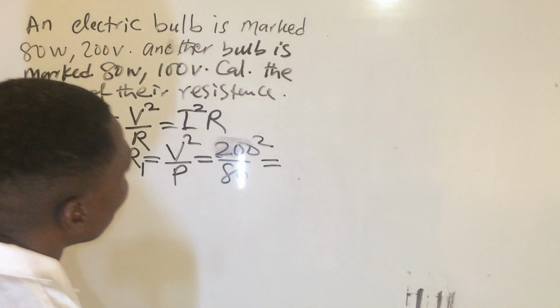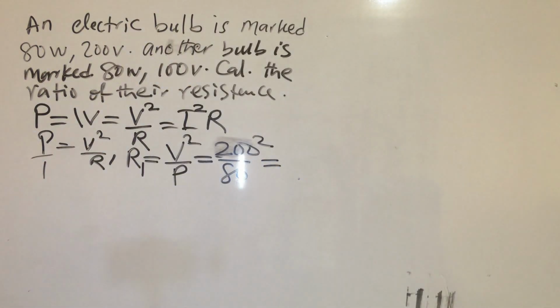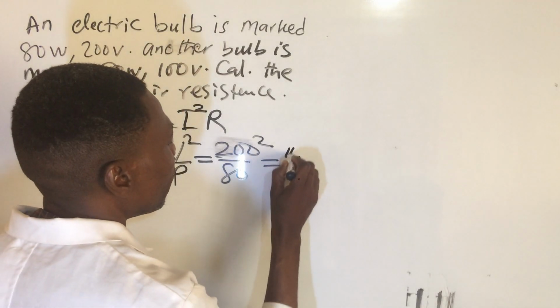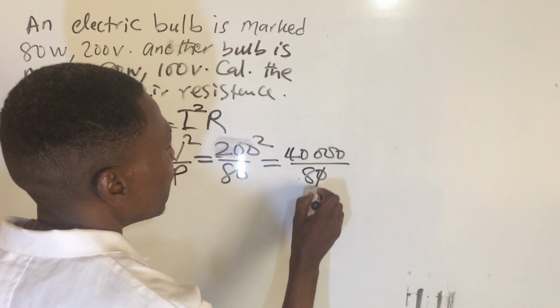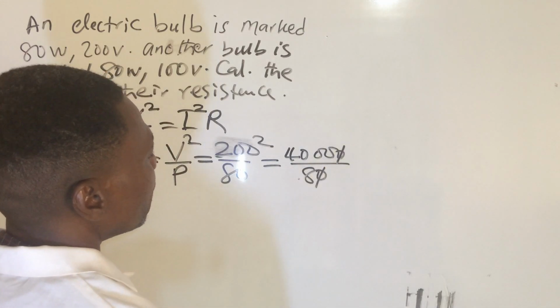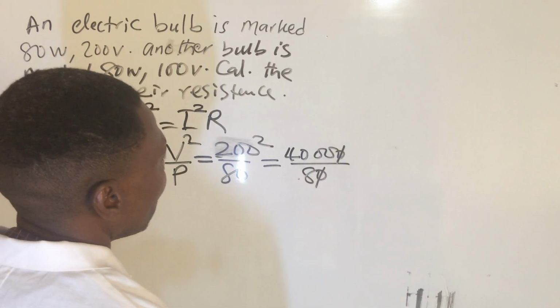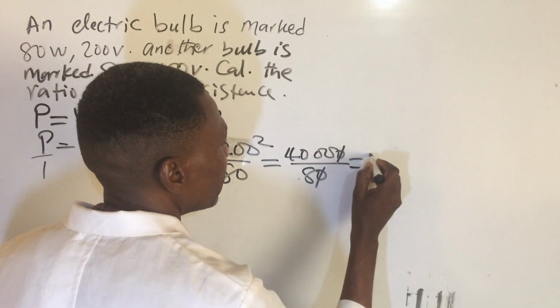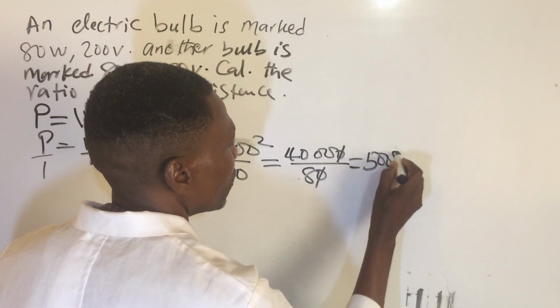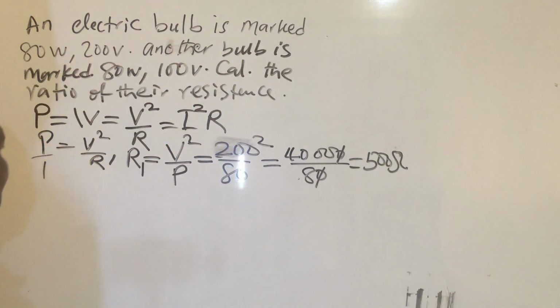And using our calculator, what do we have? We now have 40,000 over 80, zero cancel zero, okay? Now the final answer becomes what? Final answer becomes 500 ohms for the resistance of the first bulb.